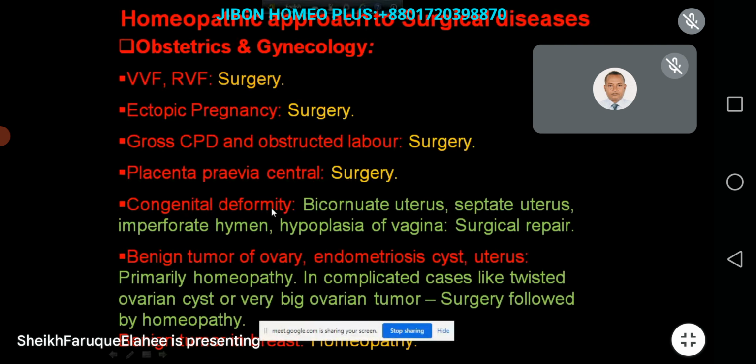Now we find there are congenital deformities of the uterus, deformity of internal genital organs since birth. What are the cases? One is bicornuate uterus.